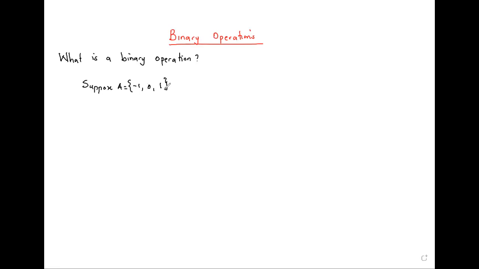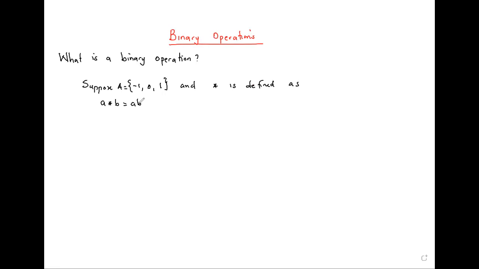This is a set, and star is defined as A star B is equal to AB, the product of A and B.